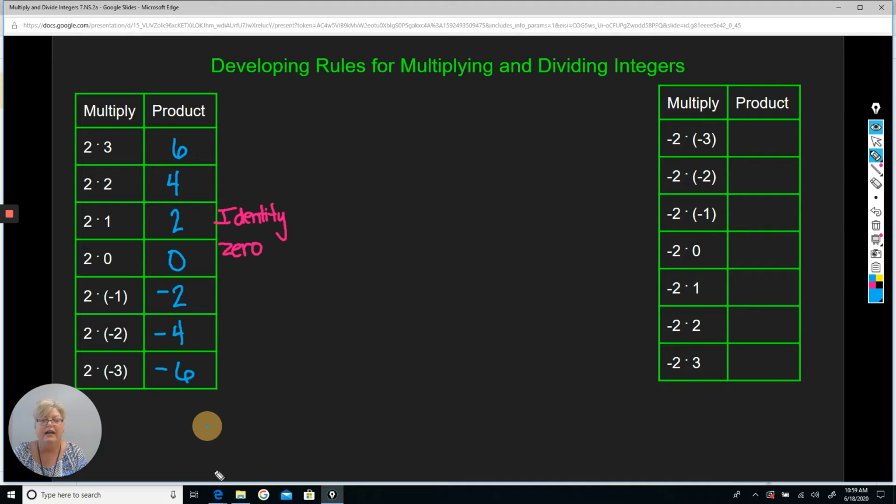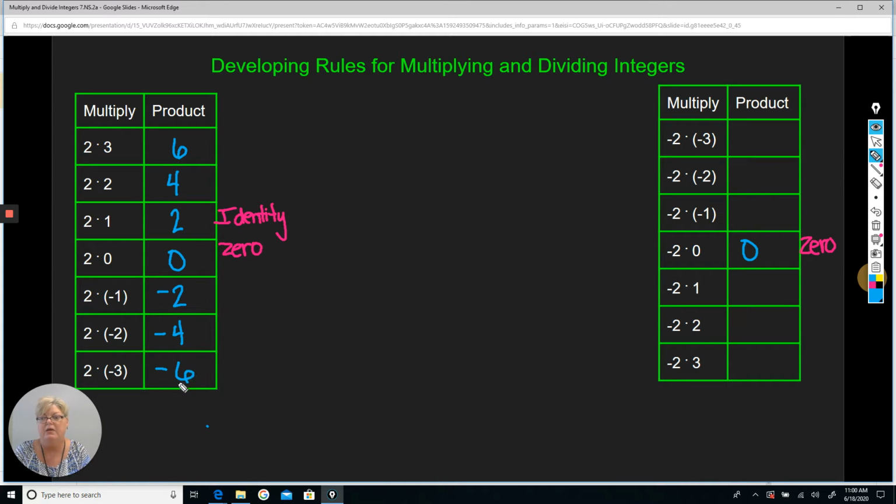All right, now let's look at this other side over here. Let's fill out what we know. What can we figure out over here? I know that -2 times 0 is 0, and the reason I know that is because of the zero property of multiplication. Anything times 0 is 0.